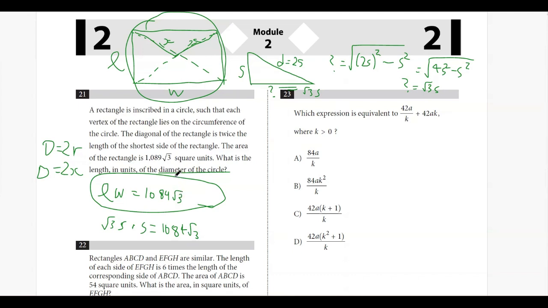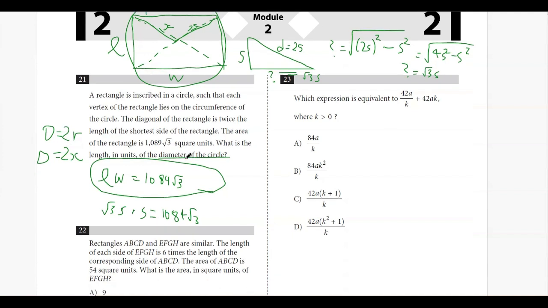I can go ahead and cancel out the square root 3, and my s squared is 1089. S is equal to 33.